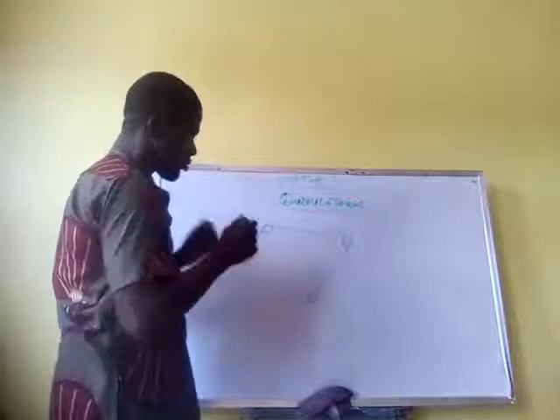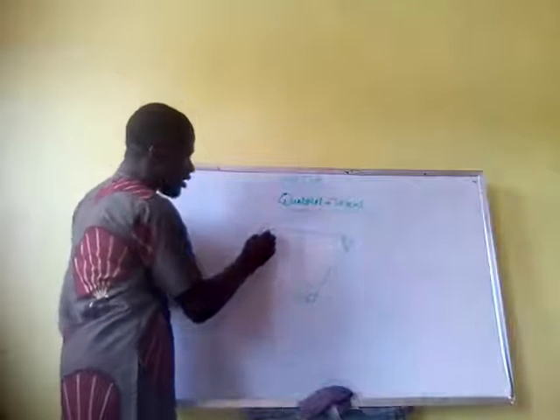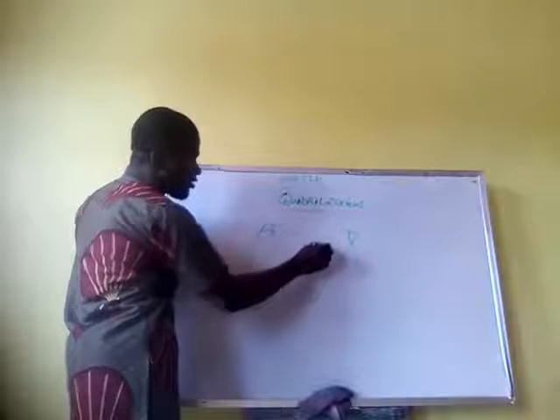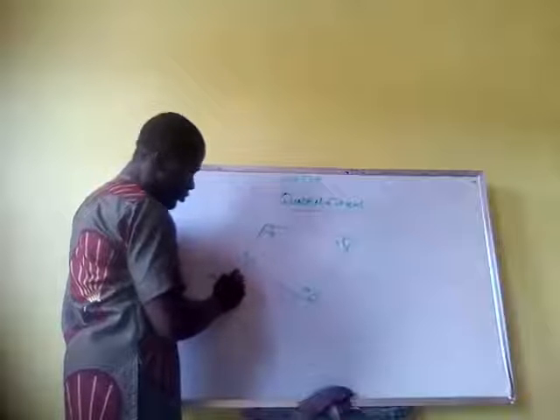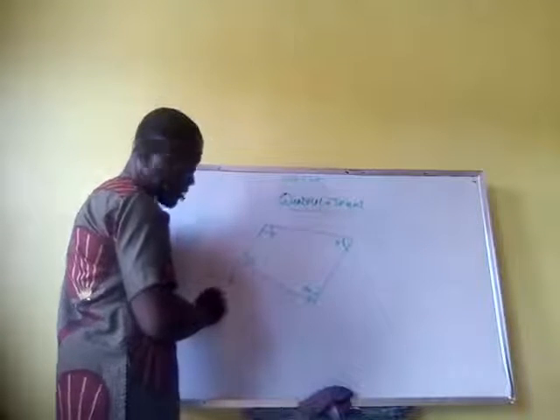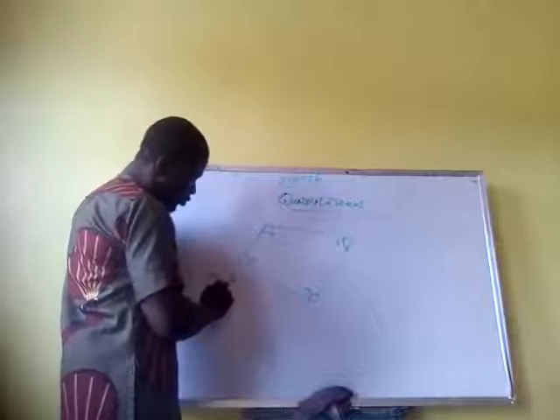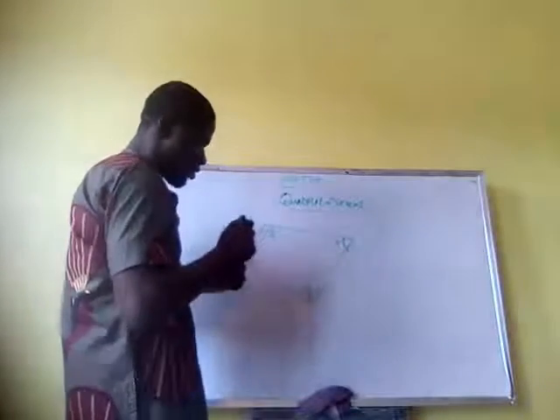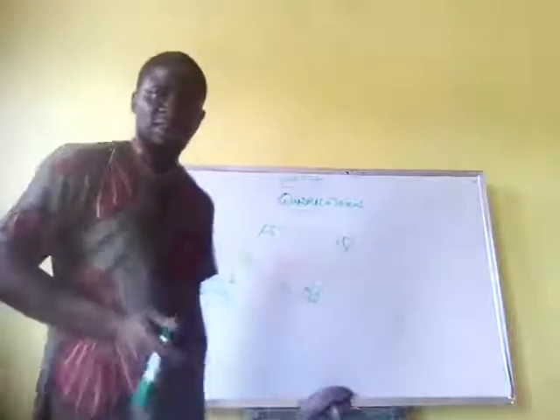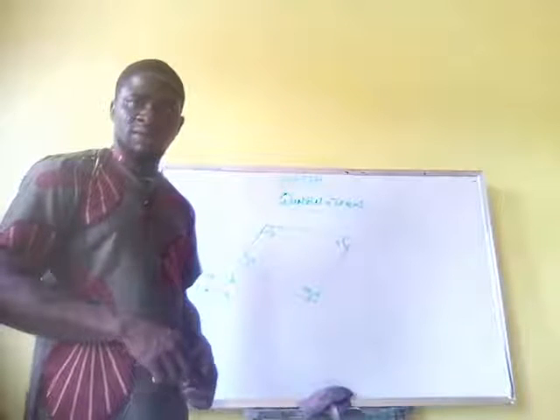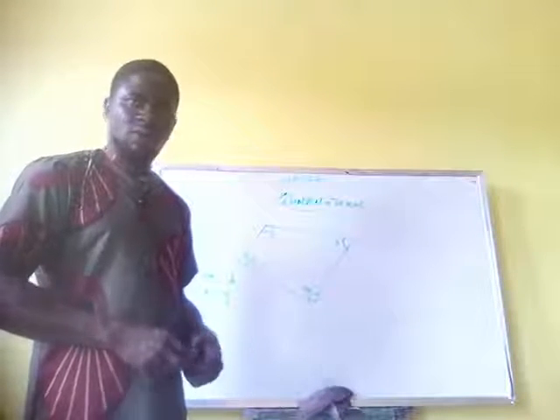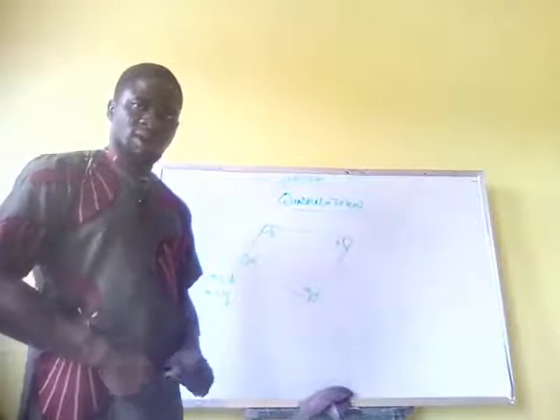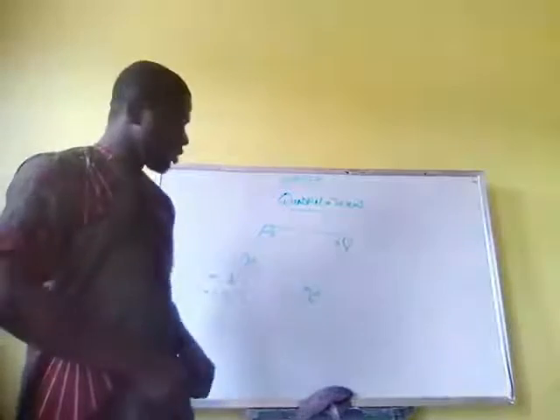Calling them A, B, X, Y, A is equal to B and X is equal to Y. You know the reason? Opposite angles of a quadrilateral are equal.